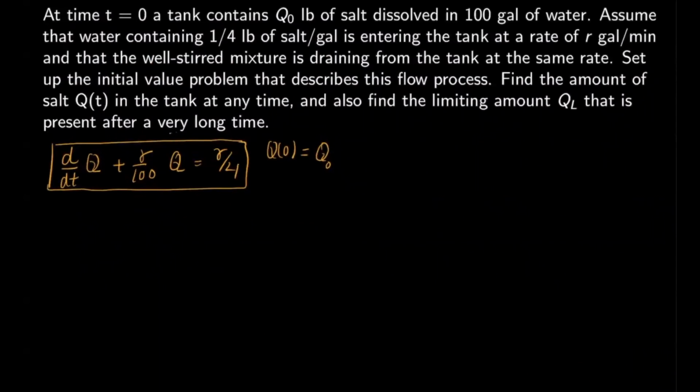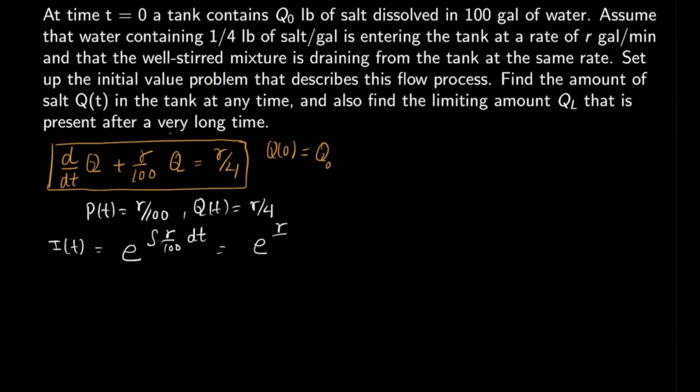In this differential equation, the value of P of t is equal to r divided by 100, and the value of Q of t is equal to r divided by 4. To find the integrating factor, we need to calculate e to the power of the integral of r divided by 100 dt, which is e to the power r divided by 100 times t. Now we need to write down the solution.